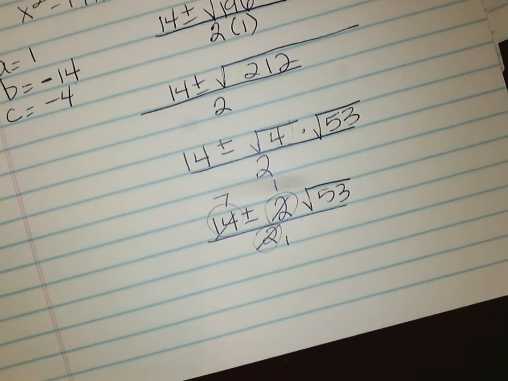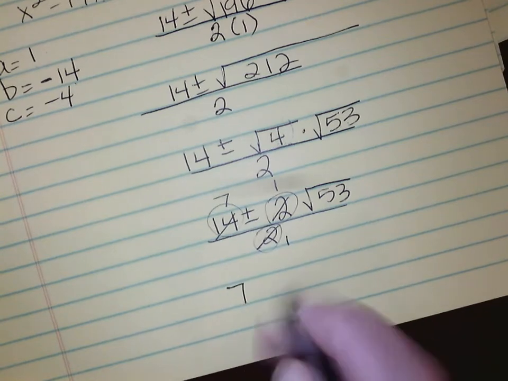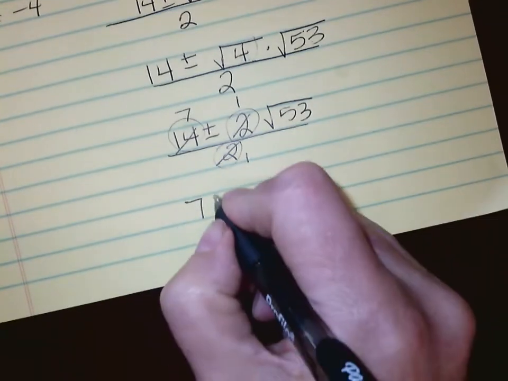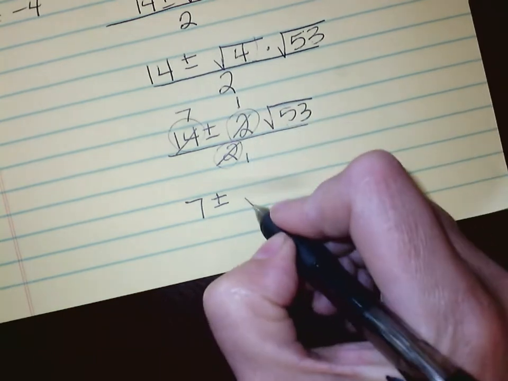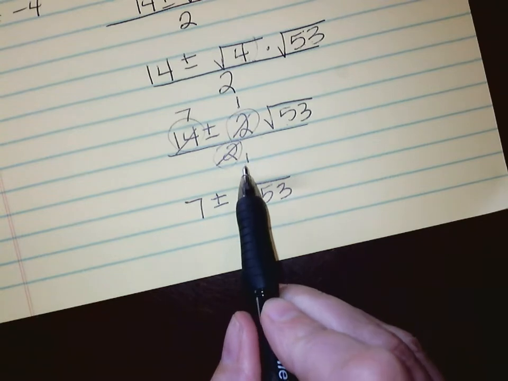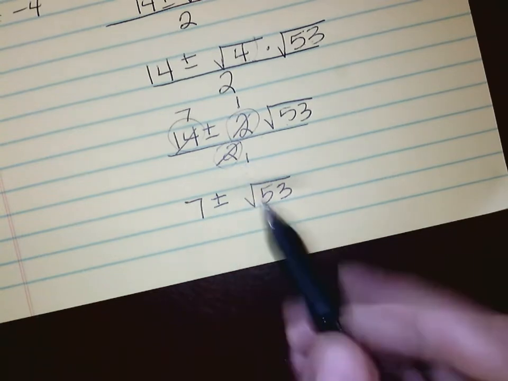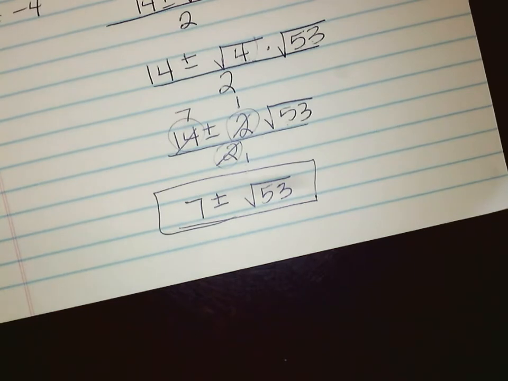So I divided all those by 2, which leaves me now with 7 plus or minus. Since that's a 1 square root of 53, I just need to write the square root of 53. And now your denominator is just a 1, which means I don't even need it. So your answers would be 7 plus and minus the square root of 53.